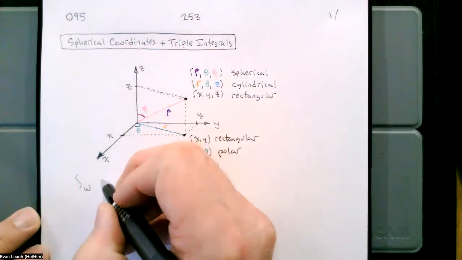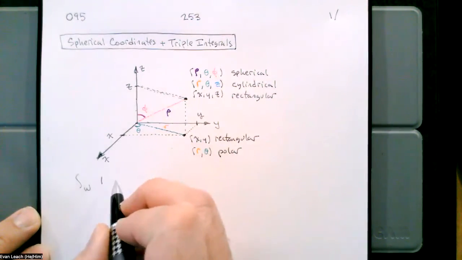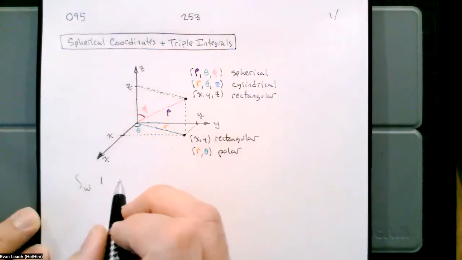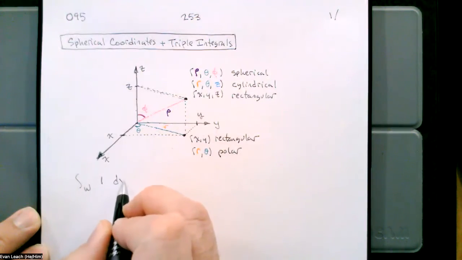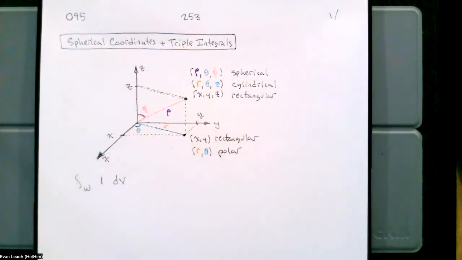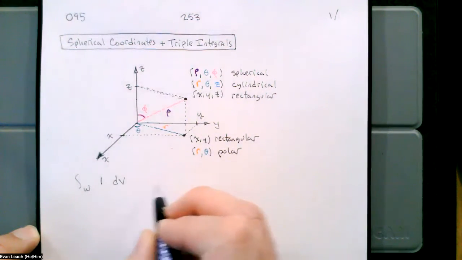Also, the focus is on setting up the integral, describing the solid W using these sets of coordinates. So we have some already. We know that dV is our volume.